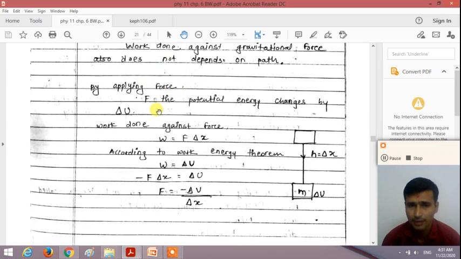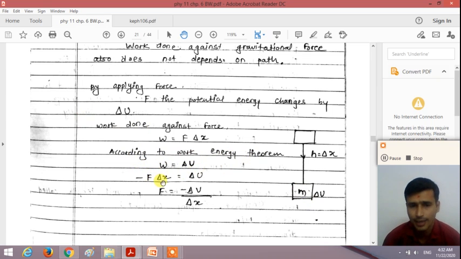By applying a force F, the potential energy changes by delta U, right? So we can say the work is done against the force. Suppose the object of mass m is moving to a height h, right? So the work done W is equal to F into delta x, right? Again, according to the work energy theorem, work done is equal to the change in the potential energy.